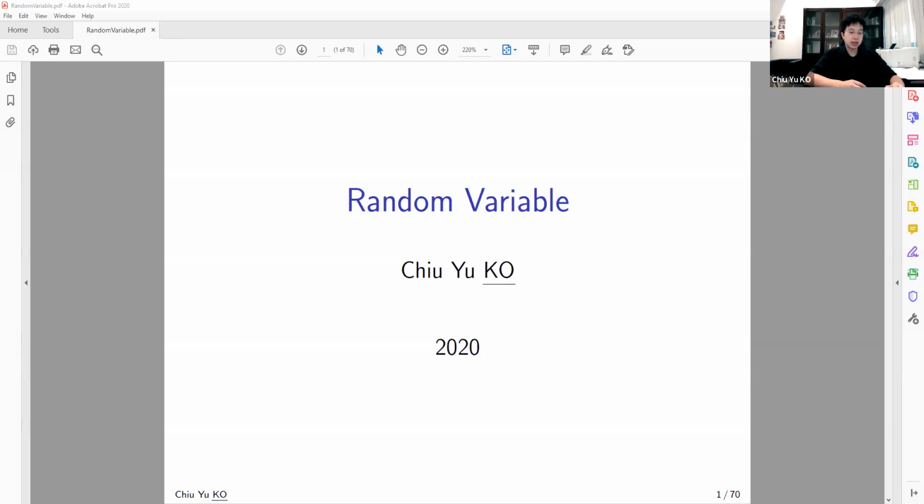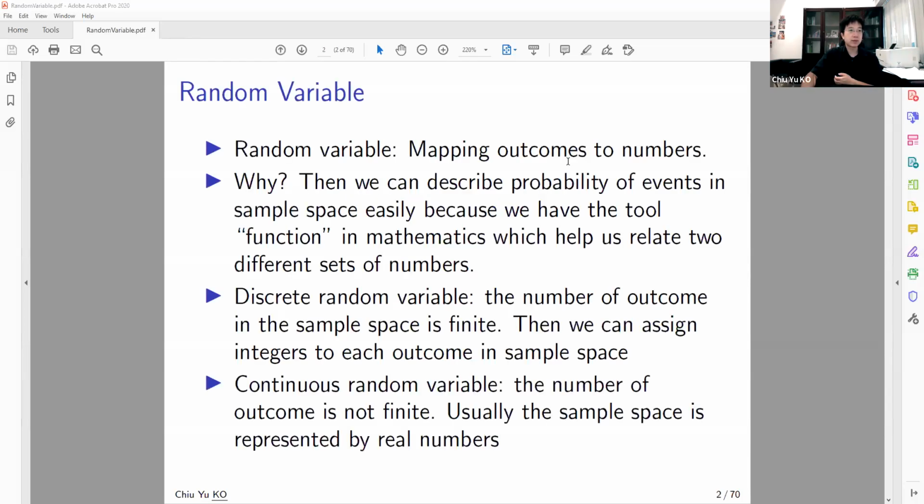So you simplify the outcome of the sample space. One way to do it is to consider a random variable, using a number to represent the outcome of the sample space. The number used to represent the outcome of the sample space is called a random variable. So it's a function or mapping that maps an outcome to a number.